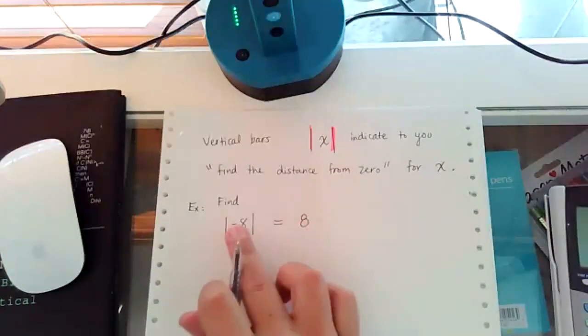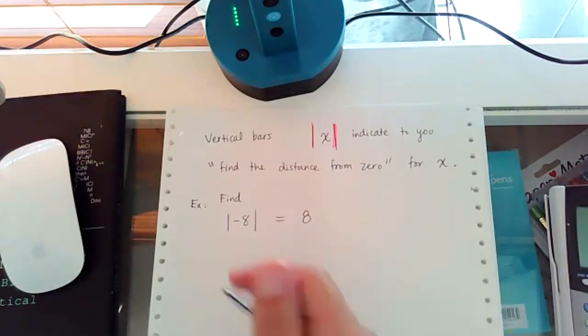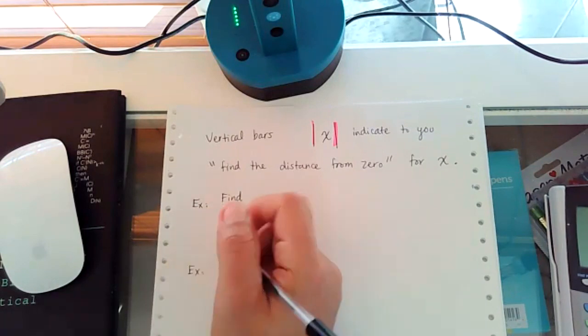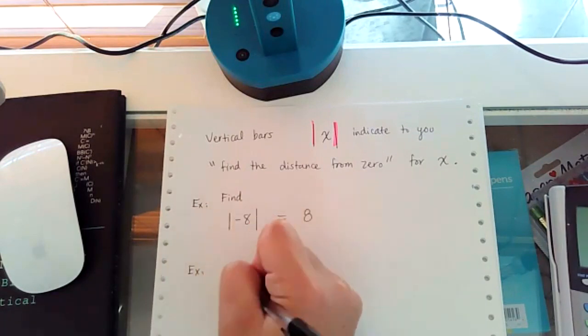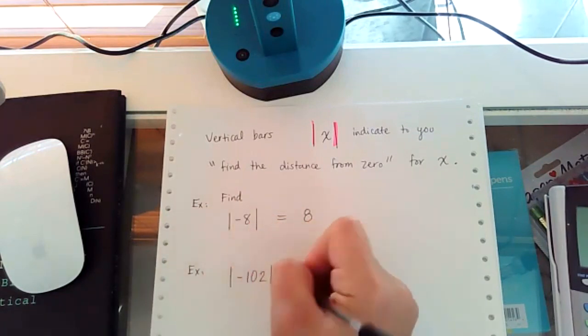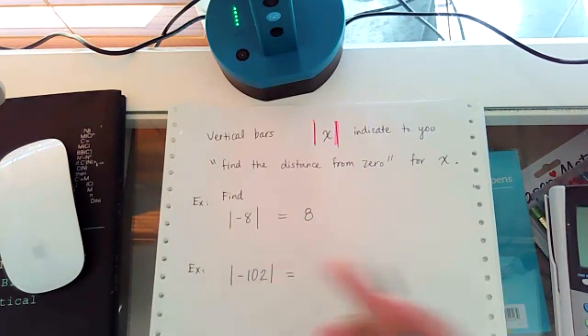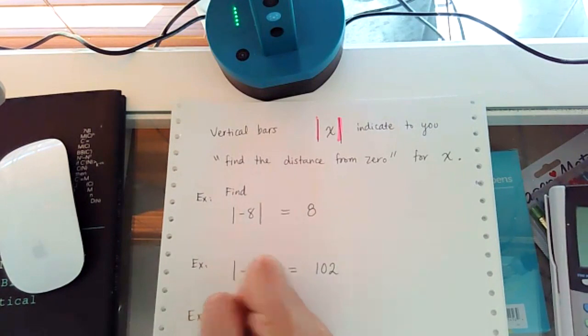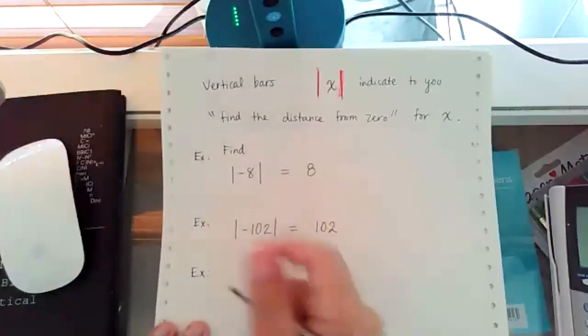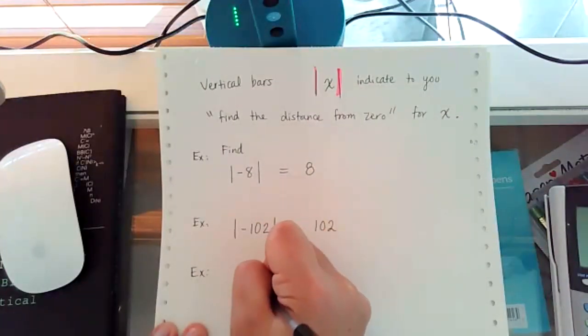Positive 8. We would just drop the sign. If I asked you what the distance -102 is from 0, or the absolute value of -102. 102. Good. If I asked you what is the absolute value of 33?